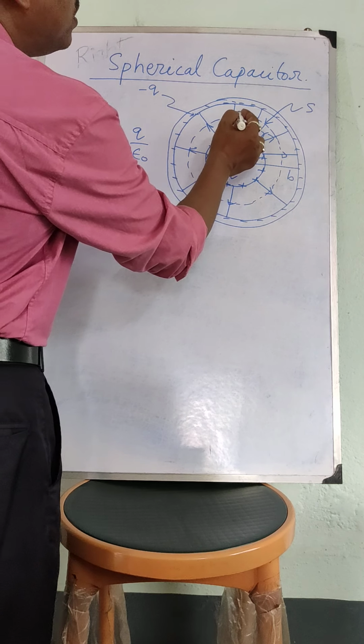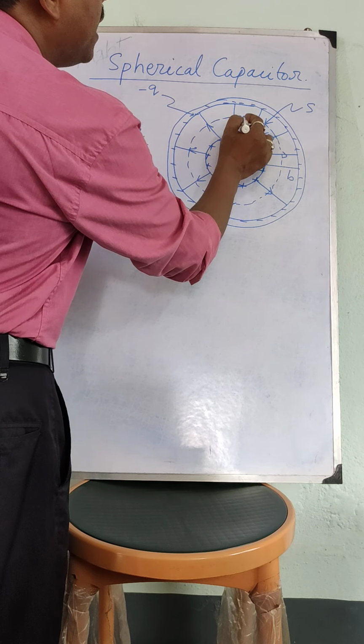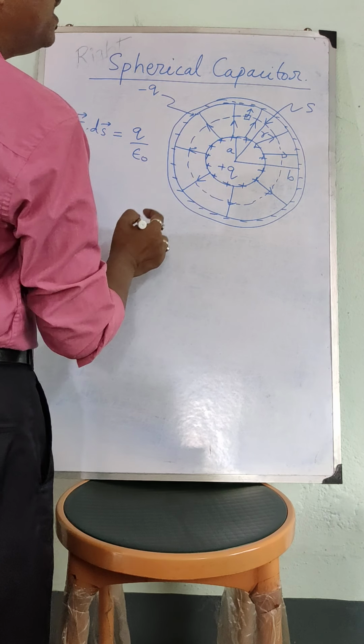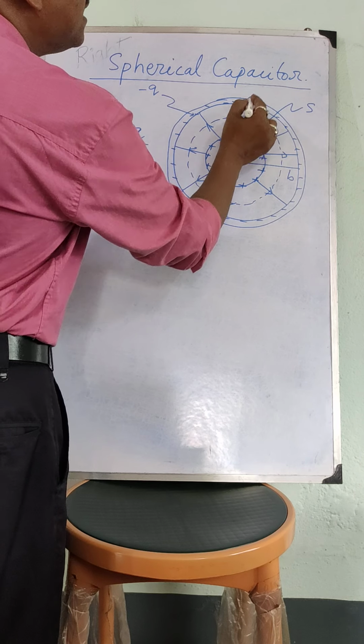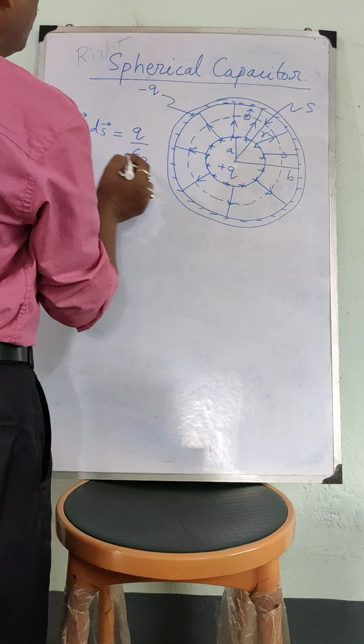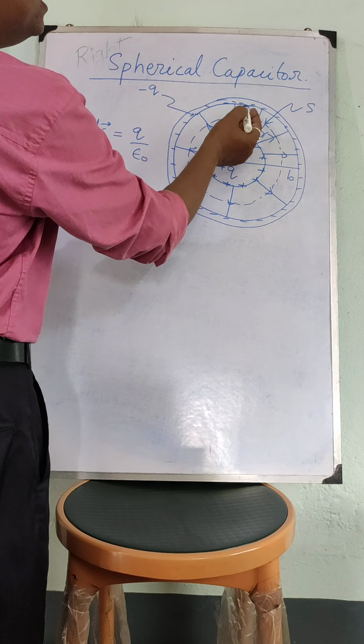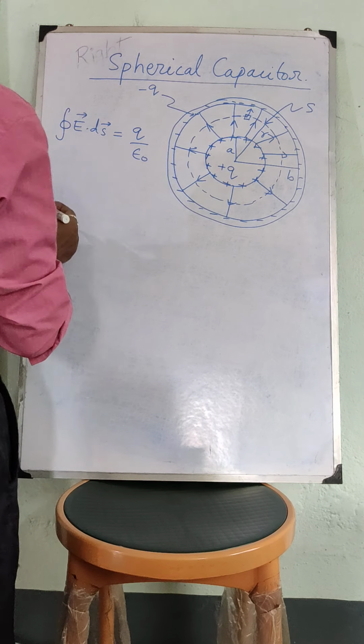Okay. Now ds is a differential area element on the Gaussian surface. Now it is in the same direction of the field. So angle between E and ds on the Gaussian surface is 0, because E and ds are parallel.